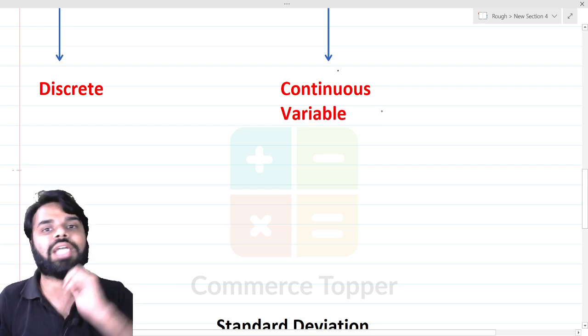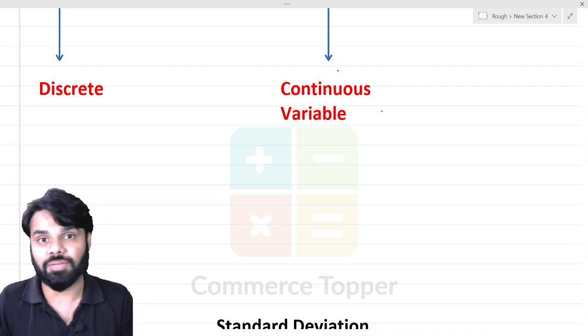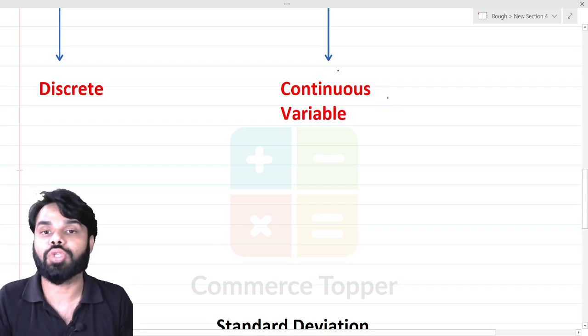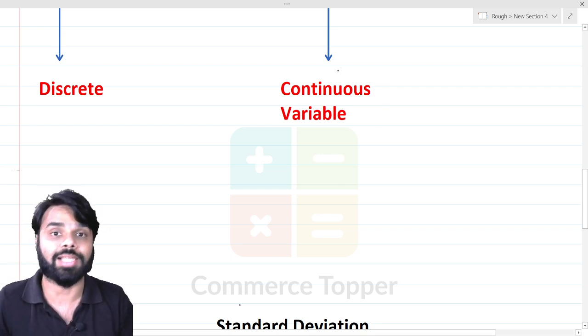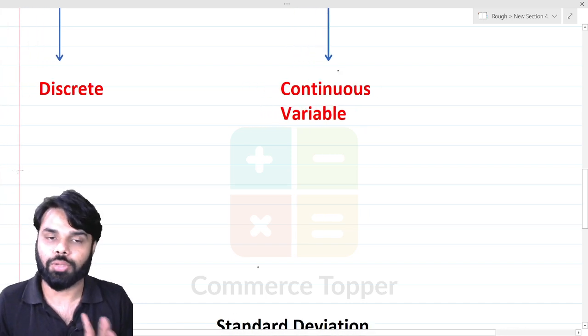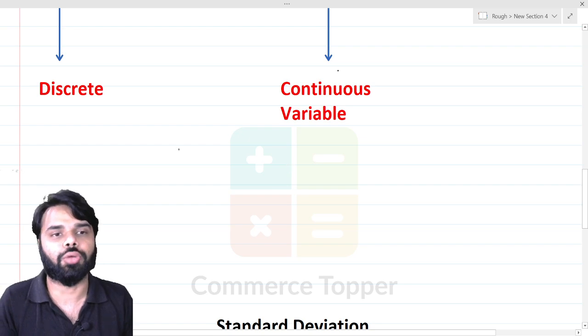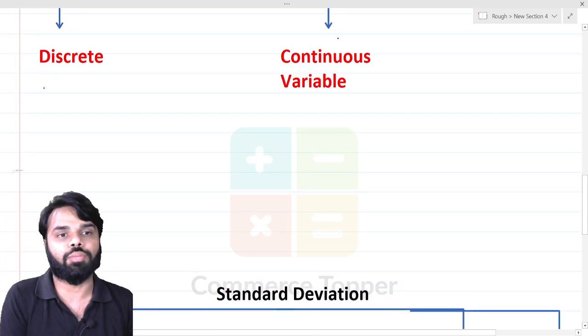Discrete variable means direct observations are given, classes are not given. When classes are given, it becomes a continuous variable. And when classes are not given, it becomes a discrete variable.